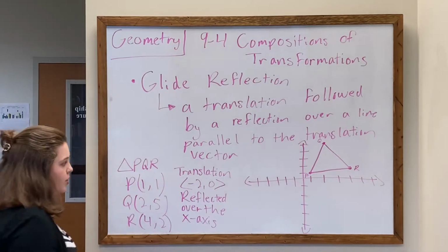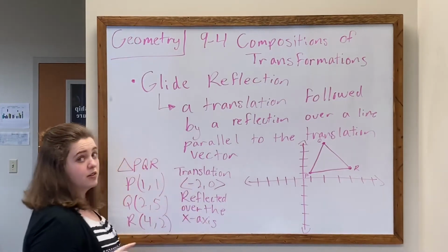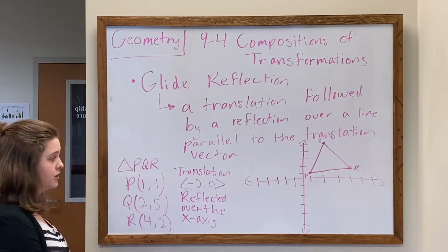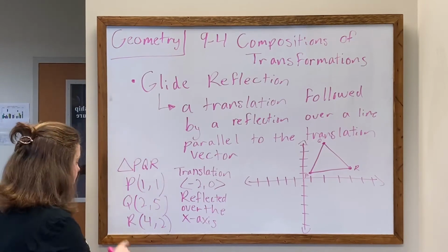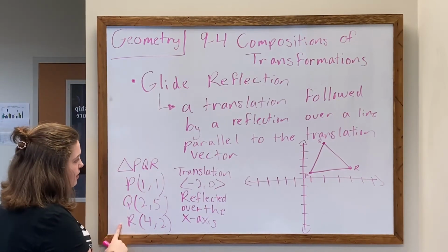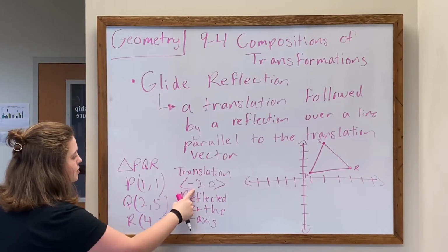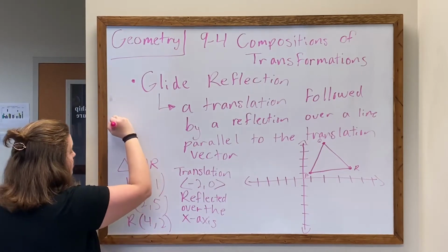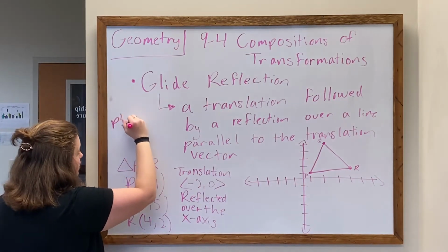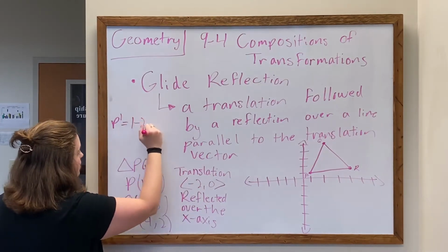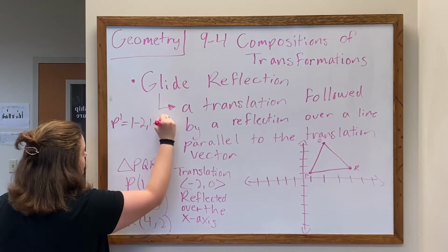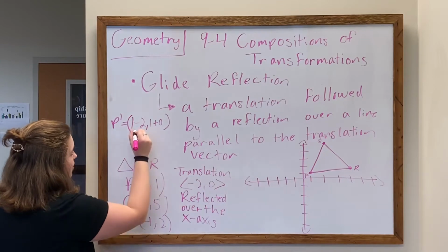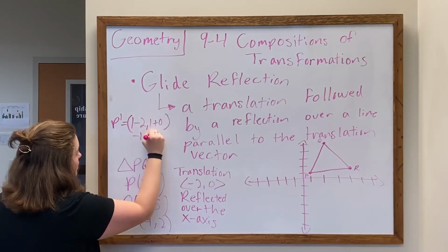First things first, I'm going to give it a translation with the vector -2, 0. We know from our section on translations that I'm going to take our coordinates for P, Q, and R and translate them 2 spaces to the left. P prime equals 1 minus 2, 1 plus 0, which means it's going to be -1, 1.